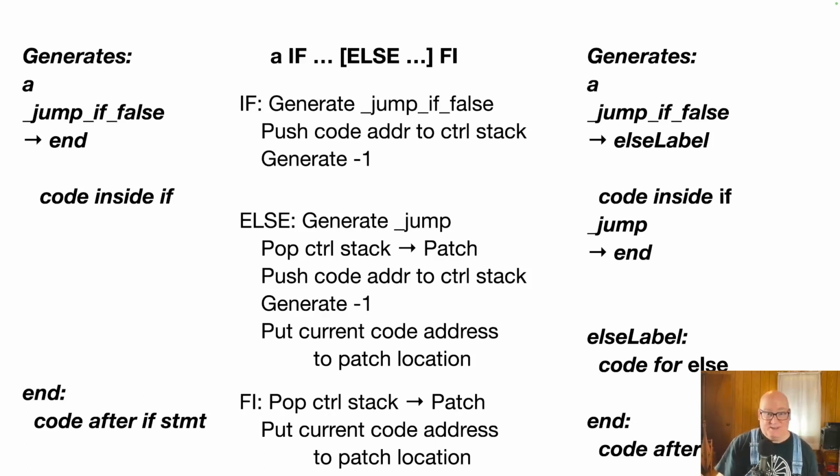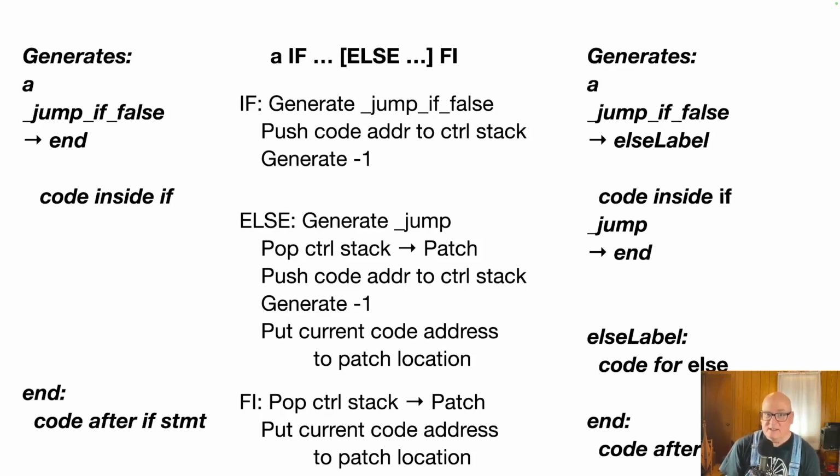But it had to be something, and I thought, well, let's tip our hat to Algol. Okay. So if the condition is false, we're going to jump to the end and not execute the body. And then we have code inside if, whatever that generates. And at the end, we have the code after the if. So that's about what you'd expect. If the condition's false, don't do the if.